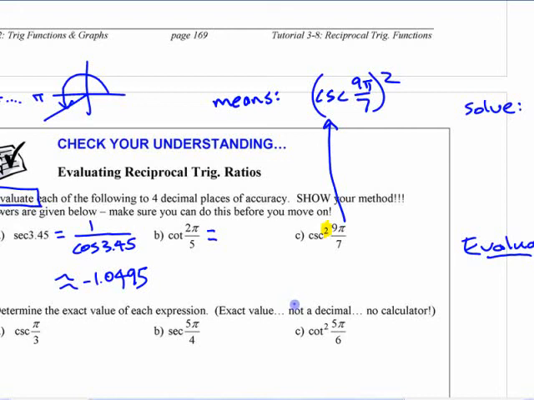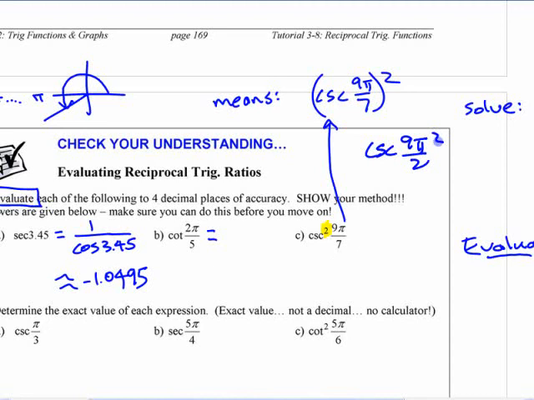That's what it means. But at some point somebody decided, you know what, I'm tired of writing these big brackets all the time. I really want to stop writing these big brackets. What could I do? I could just stop writing them, right? What's the problem if you just stop writing those brackets and write cosecant 9 pi over 7 squared? What's the problem with that?